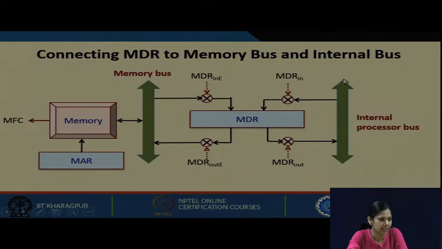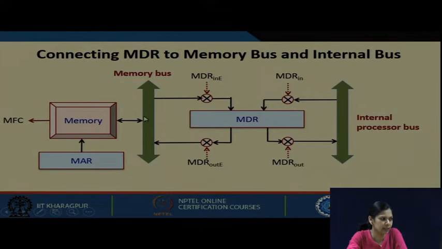One, as it is connected to the internal processor bus, when we do MDR out, the value available from MDR will be made available through MDR out into this internal processor bus. And when we are doing MDR in, then the data from the internal processor bus will be made available to MDR.